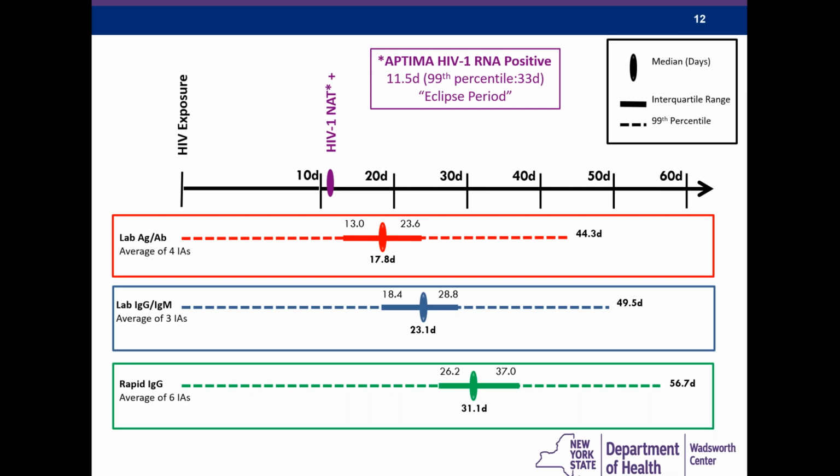The median time to detection for the laboratory-based antigen-antibody immunoassays was 17.8 days. For the antibody-only lab-based tests, it was 23 days. And for the antibody-only rapid tests, it was 31.1 days. Again, that's a median, and there is a range. And the dotted line represents the 99th percentile.